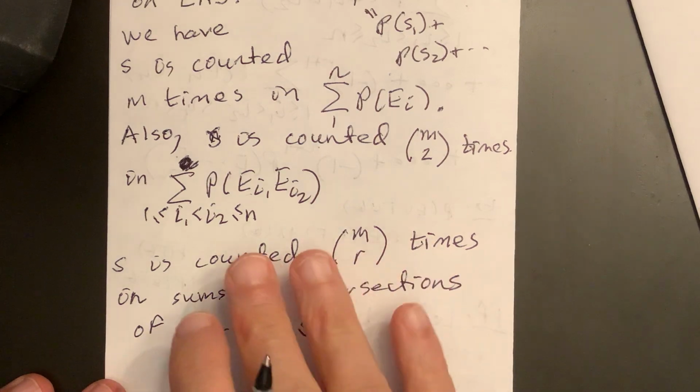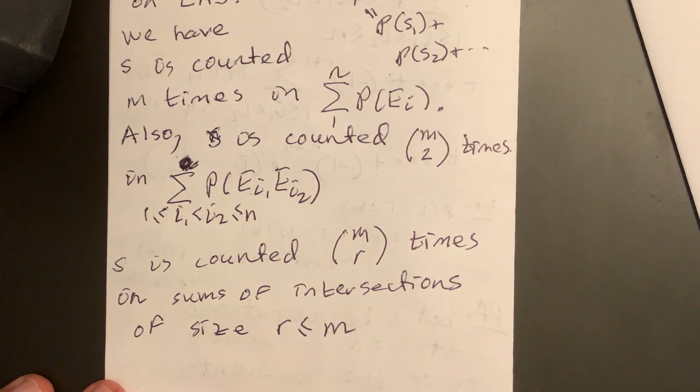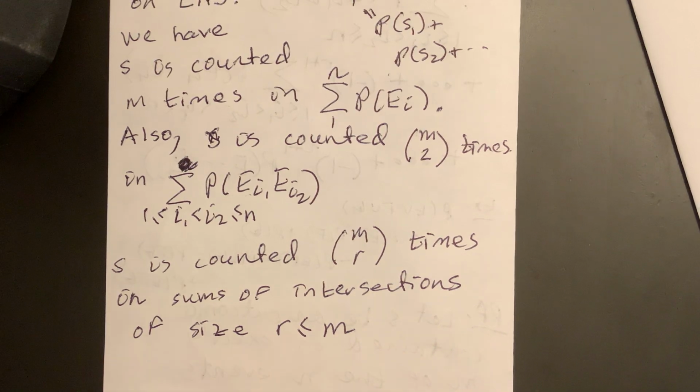If I want 3, then I have to see how many ways I can get 3 of the M events that contain S.